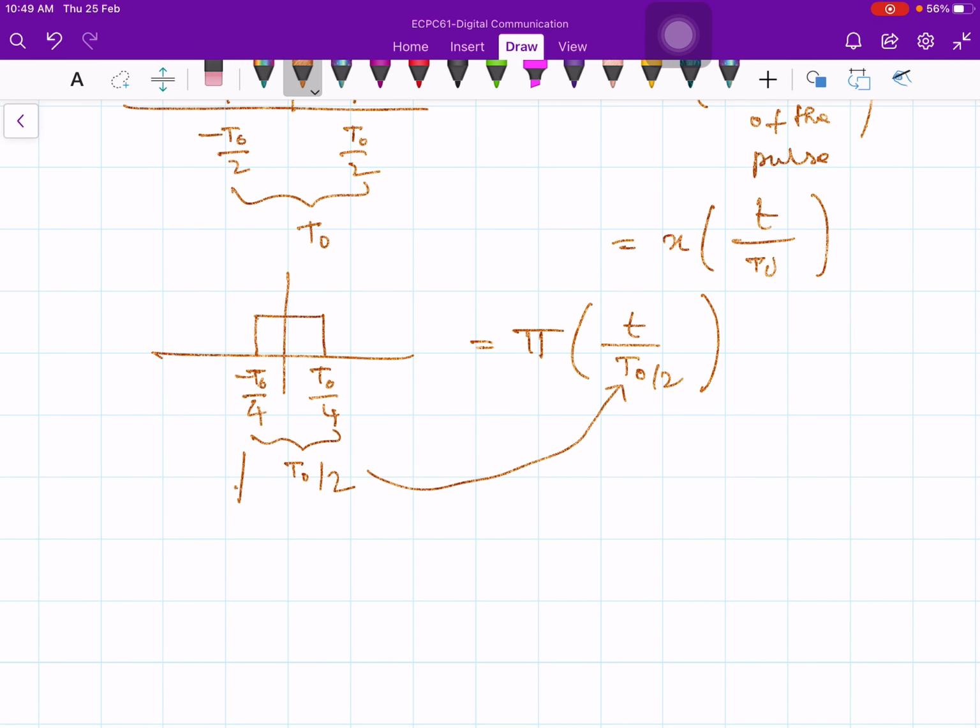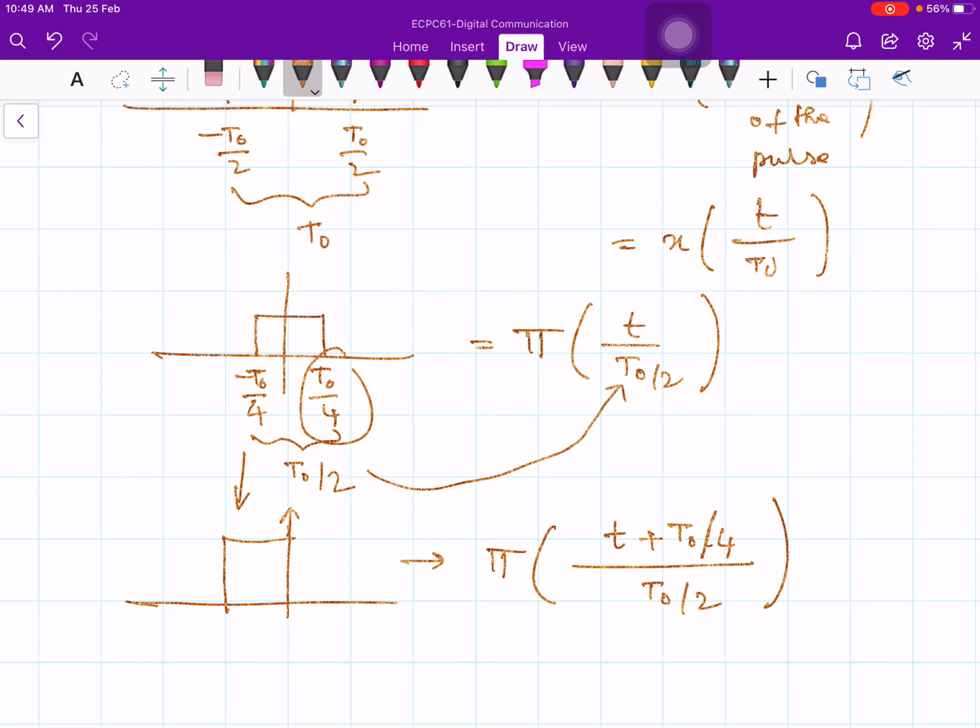Now, if you shift the pulse to the left by T naught by 4, it is Pi of t plus T naught by 4 divided by the width of the pulse, T naught by 2.